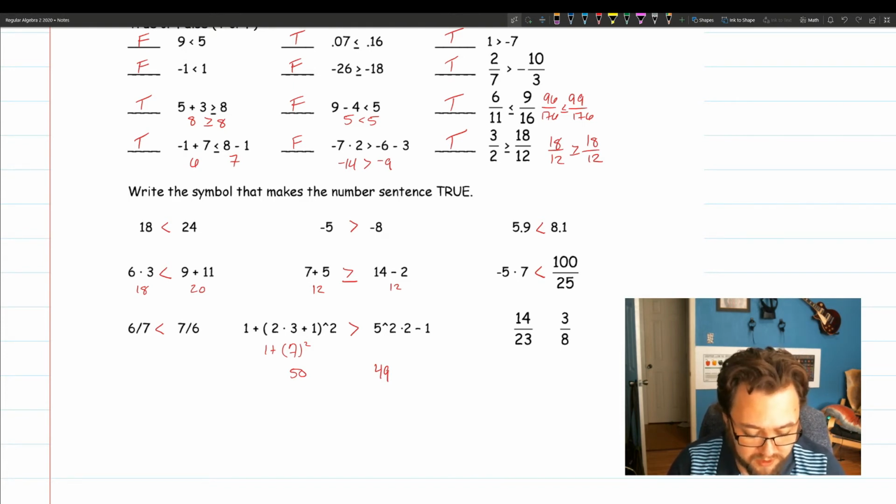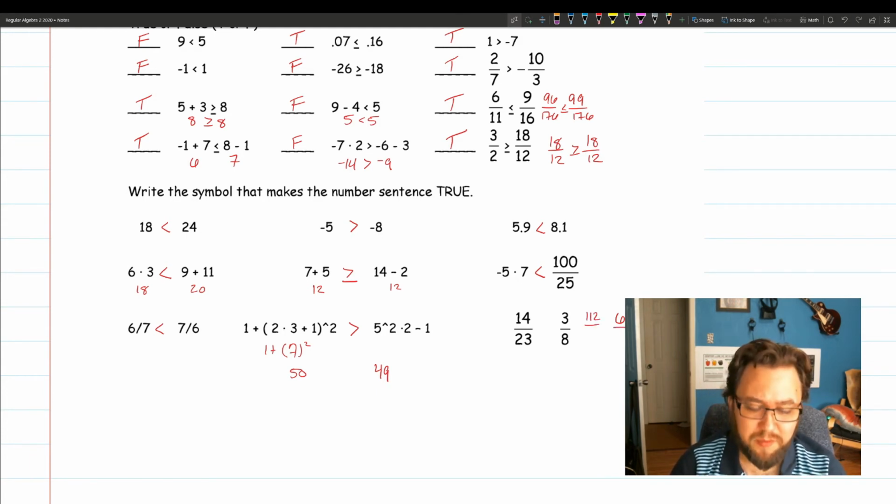All right, we got one more fraction. I'm going to do the same thing I did before, because there's not a super easy common denominator for 8 and 23. So my numerators are going to be 23 times 3, which is 69, and 8 times 14, which is 112.